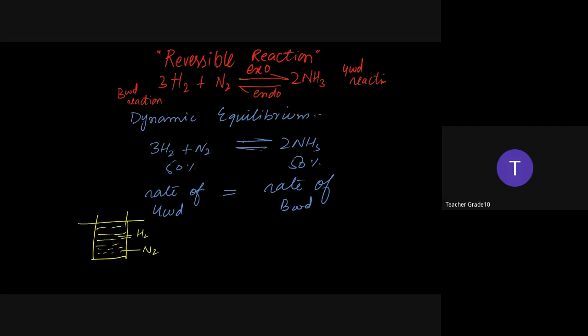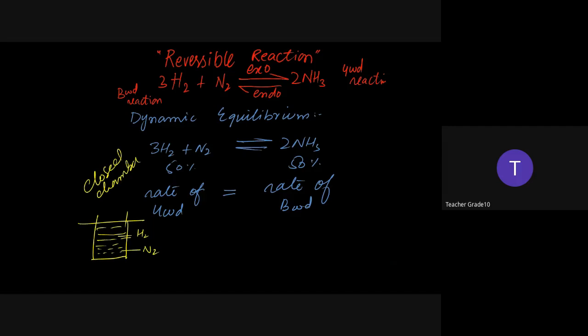Remember, a closed container or chamber is used for a reaction of this kind. A reversible reaction is always carried out in a closed chamber, so no gas will be emitted, otherwise the equilibrium will be disturbed. Initially we just have reactants, so we don't have products, so definitely we don't have the backward reaction, that is the decomposition of product.